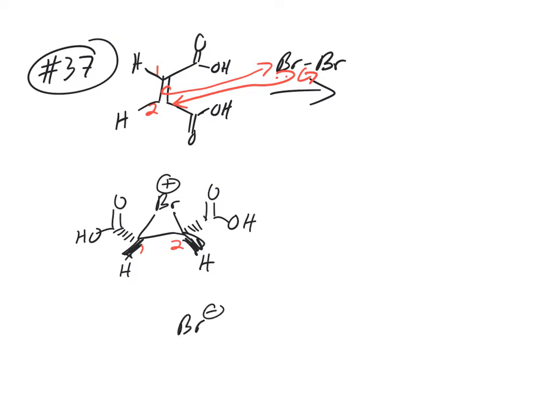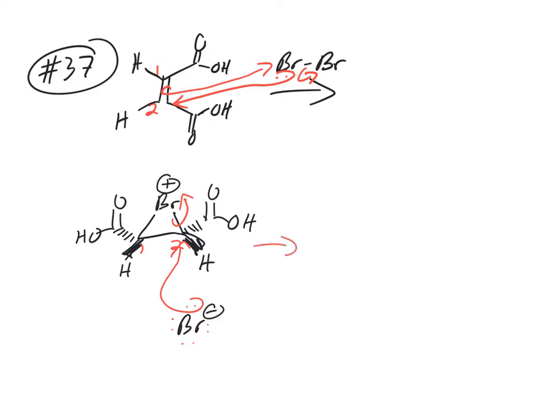Now, you do need to understand the mechanism a little bit here, that when bromine adds, you're going to add 2 bromines, and you always get a trans addition. So maybe you don't remember the full mechanism, but right, this is an SN2, and we always go for the more substituted carbon, but in this case, both carbon 1 and 2 are equal substitution, so it doesn't matter. This molecule is symmetrical, so carbon 1 and carbon 2 are really the same.